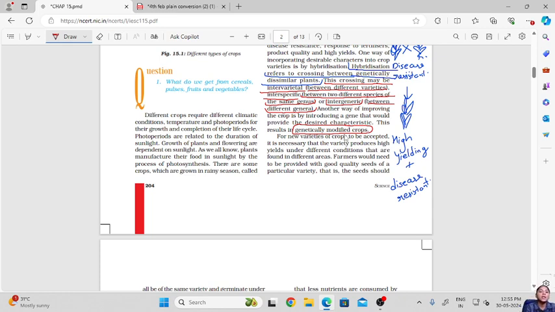Now what this means is that suppose a plant is high yielding but it is not disease resistant, so they will introduce the disease resistance gene in its DNA or in its genetic material, so that this plant, then the progeny, will have both high yielding as well as disease resistance capacity.